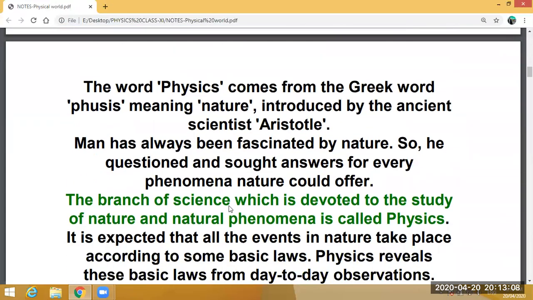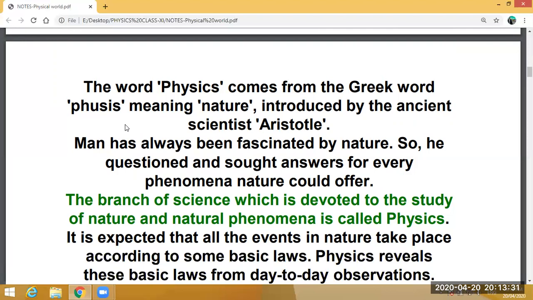Next, another topic that we have to discuss is physics. What is physics? Someone may ask you, what is physics? The word physics comes from the Greek word physis, which means nature.